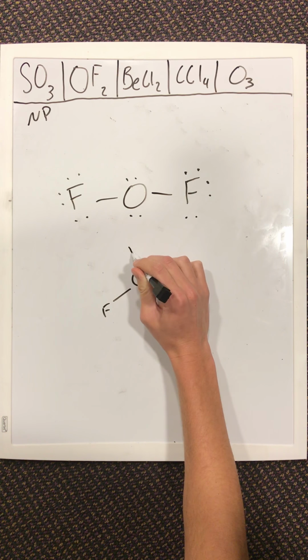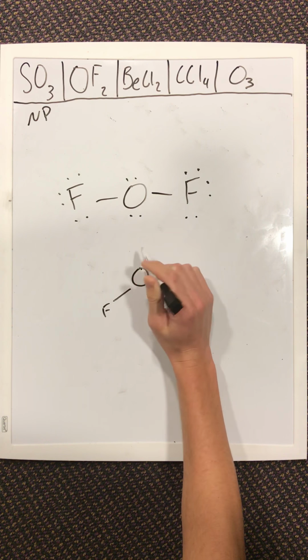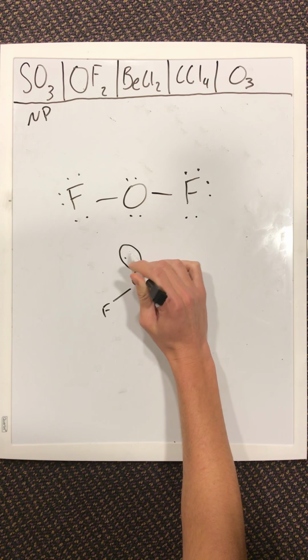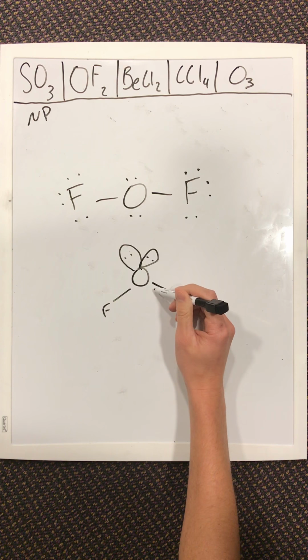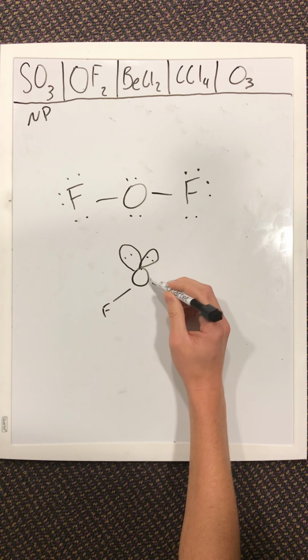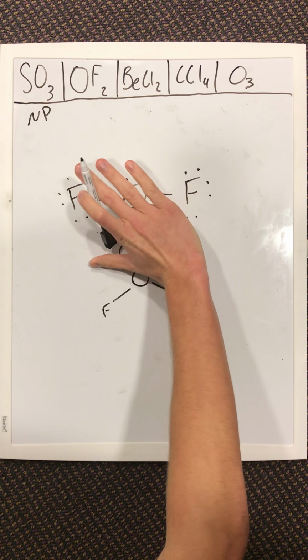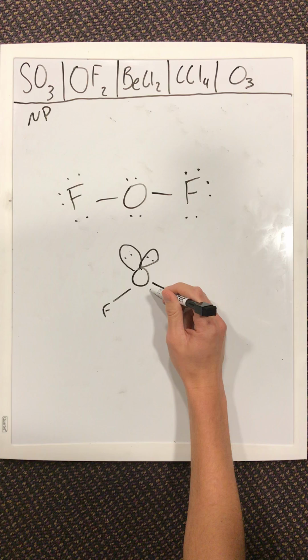And then we'll just say this one's coming kind of out of the page, and this one's kind of going into the page. So this is what the geometry of the atom is really going to look like. And if we cover up these, we see that it has a bent molecular geometry.